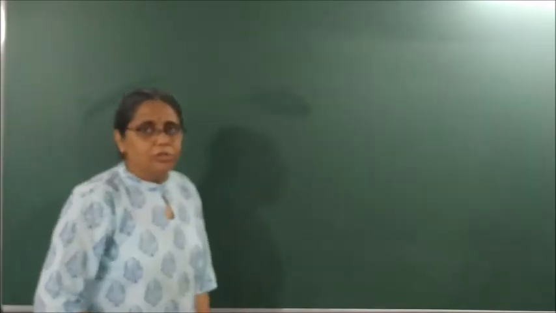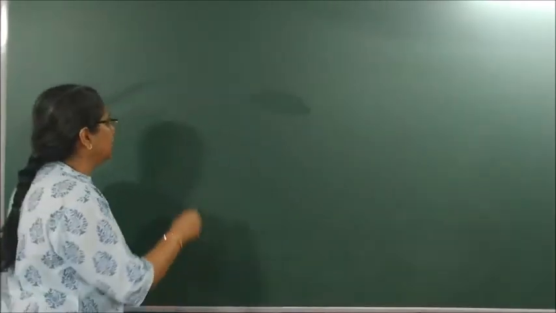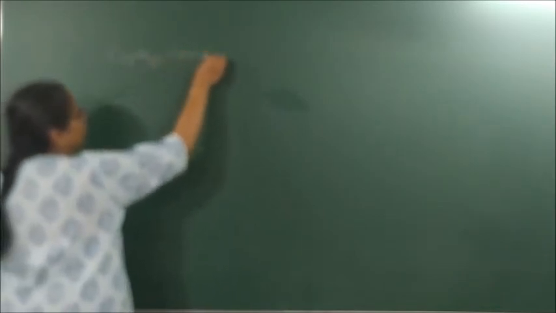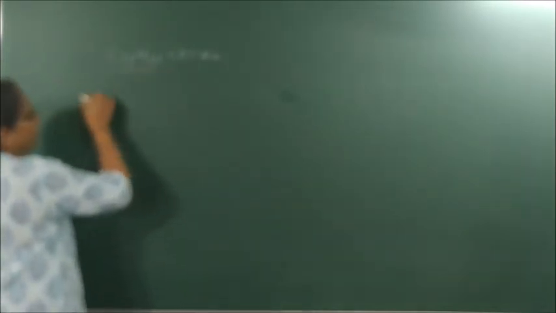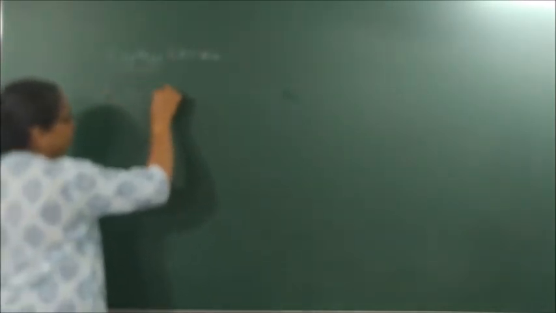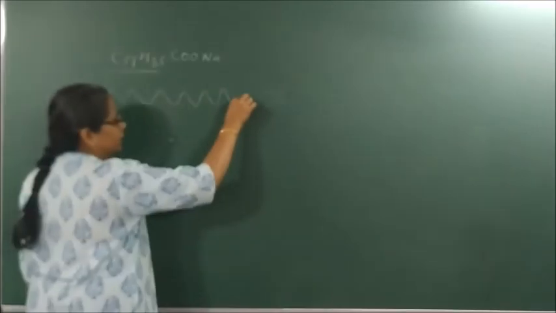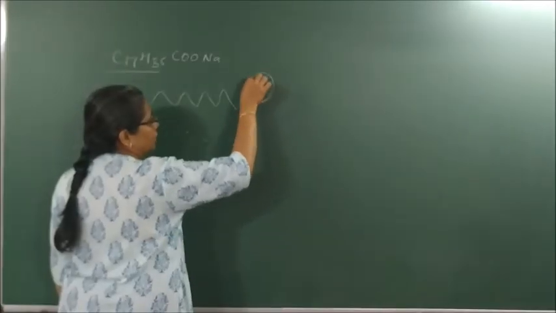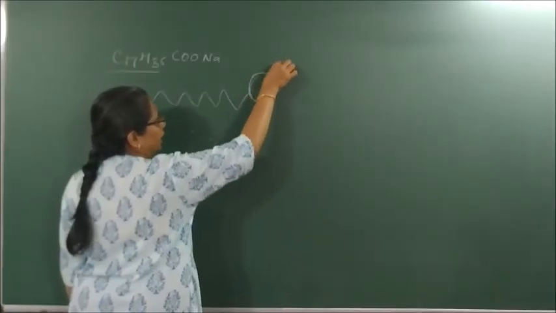Let us talk about a soap such as C17H35COONa. This is sodium stearate. So I have taken a soap which is C17H35COONa. The hydrocarbon part of it is represented like a tail, and the ionic part of it is represented like a head.